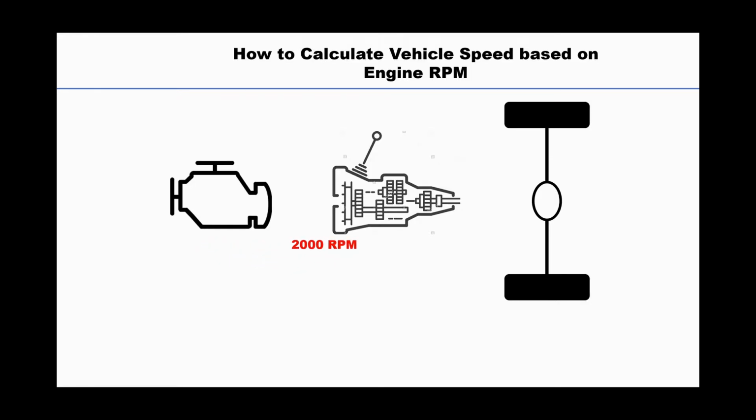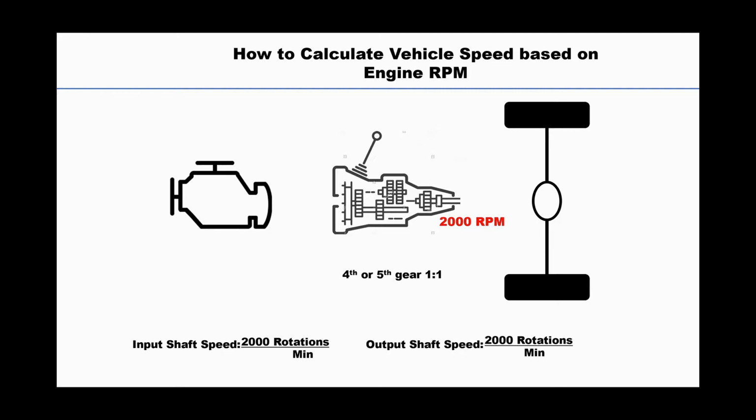The engine speed is transferred to the input shaft, which still remains at 2000 RPM. We will be using fourth or fifth gear, a 1-to-1 ratio, so that 2000 rotations per minute in the input shaft is translated to 2000 rotations per minute in the output shaft.